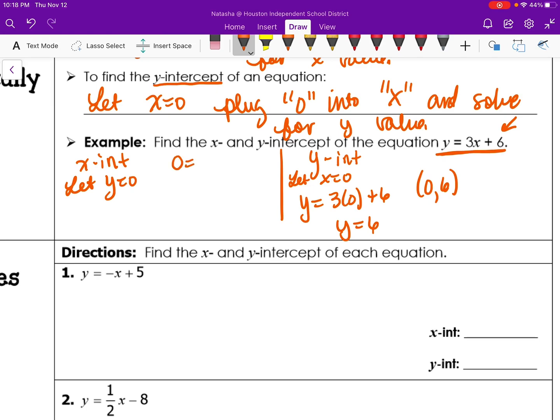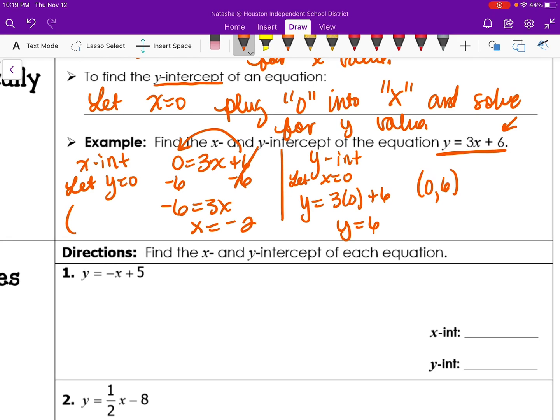So we're going to plug in 0 for y, so that becomes 0 is equal to 3x plus 6. We need to move that 6 over, so I'm going to subtract 6 from both sides. That becomes negative 6 is equal to 3x. Divide by 3, so x is going to be negative 2. So the x-intercept is going to give me negative 2, 0.